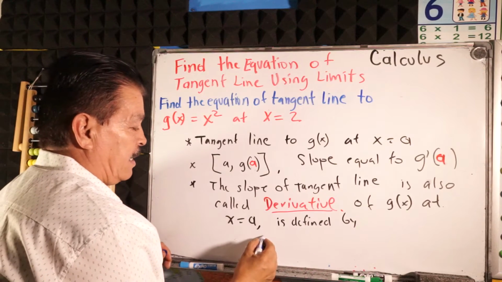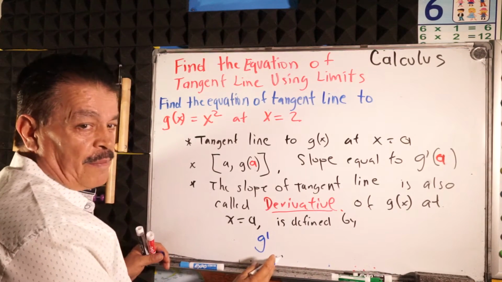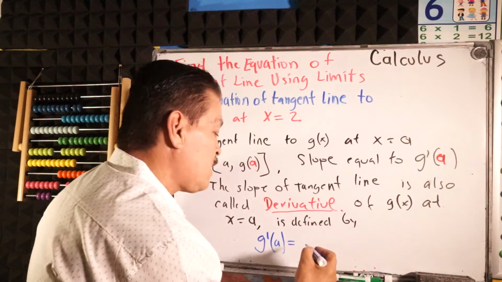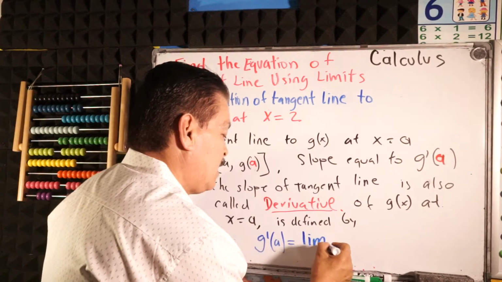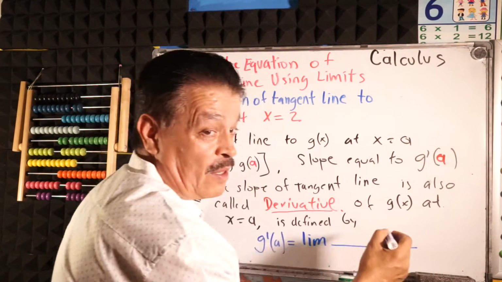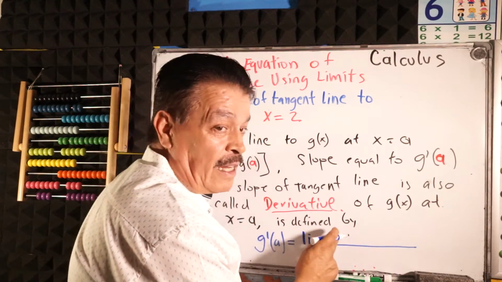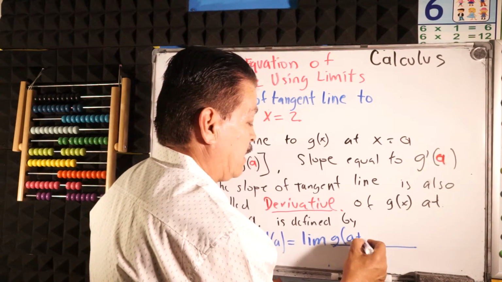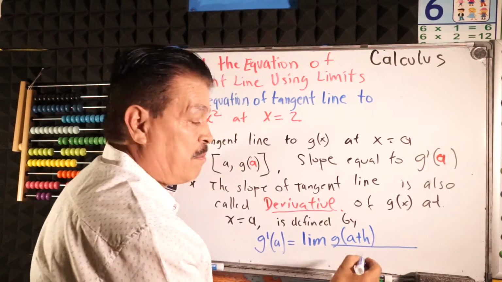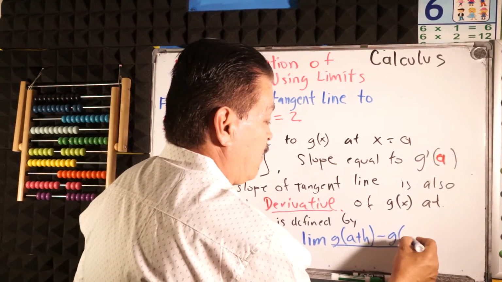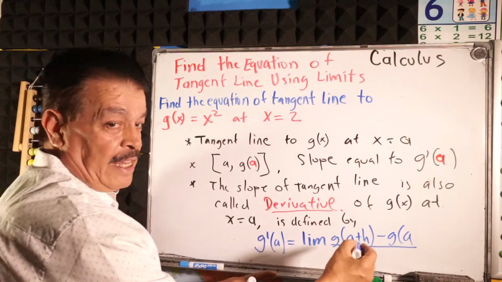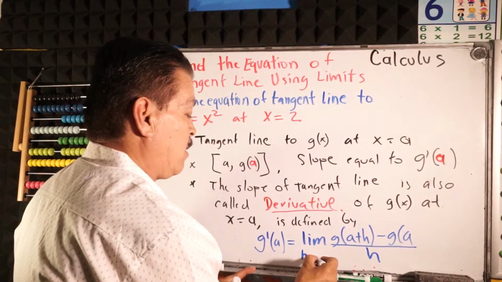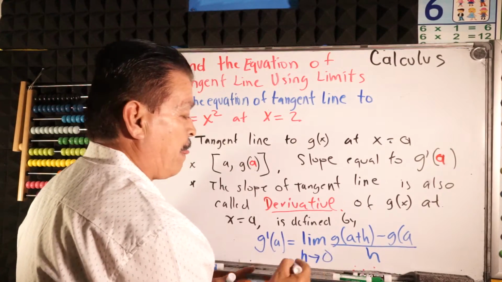So it's g prime of a equals the limit, this is the very important formula right here: g of a plus h, minus g of a, divided by h, when h approaches 0.